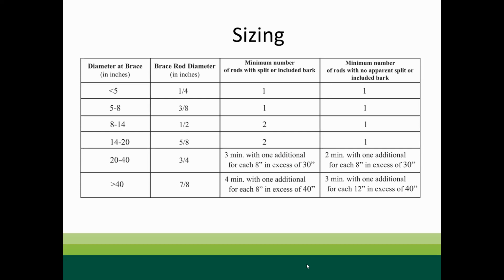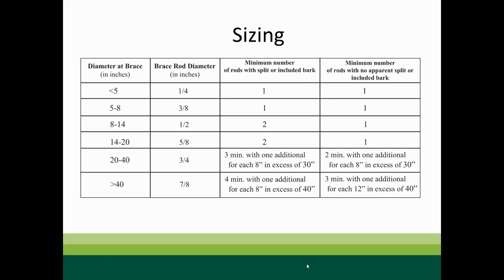But if there's no apparent split, we're just adding an extra brace for safety concern. We just need 1. If we start getting into larger wood, so your 20 to 40 inch leaders, maybe there's a cracked union right there, we're going to need 3, and then an additional rod for every 8 inches in excess of 30 inches.